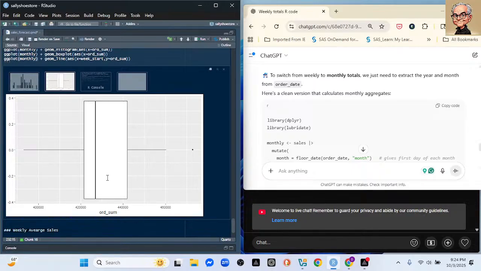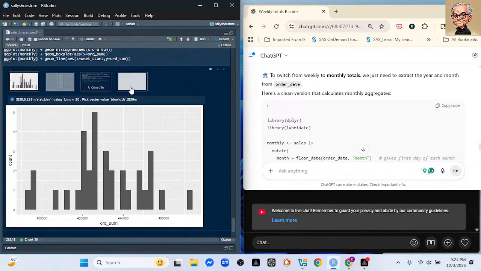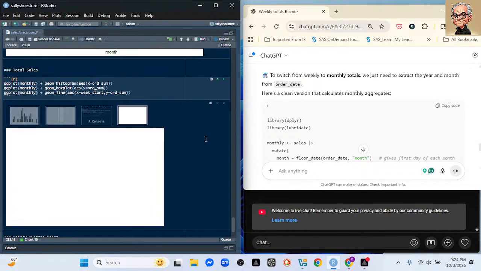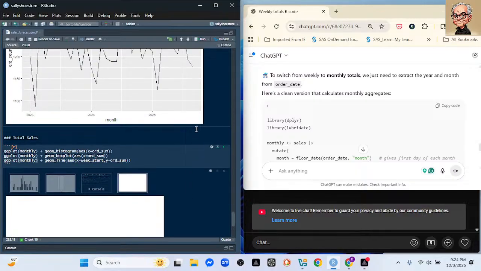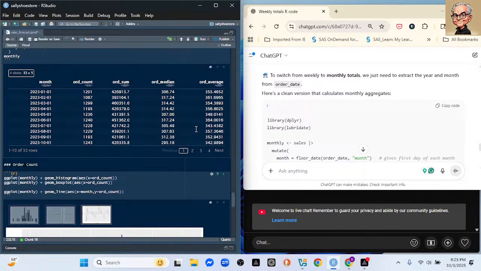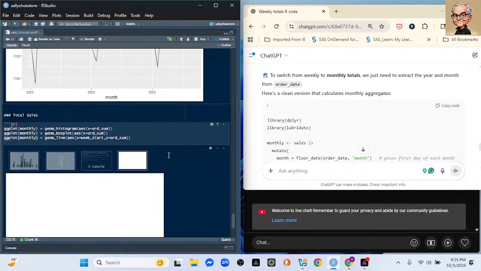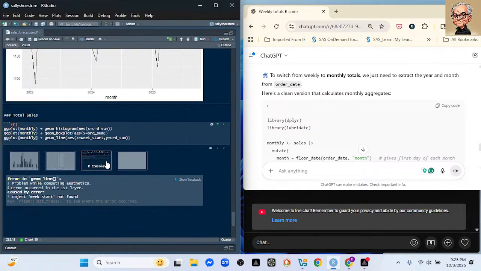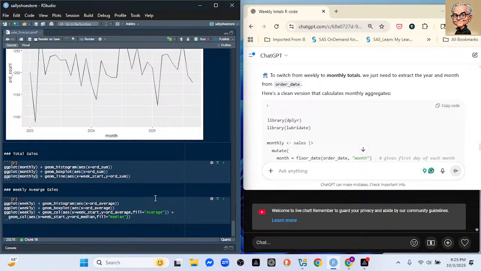So 50% of the values are between say 420 and 440, and you can see that the median is to the left. How come we didn't get anything there? Interesting. What's wrong with this? Week start not found.